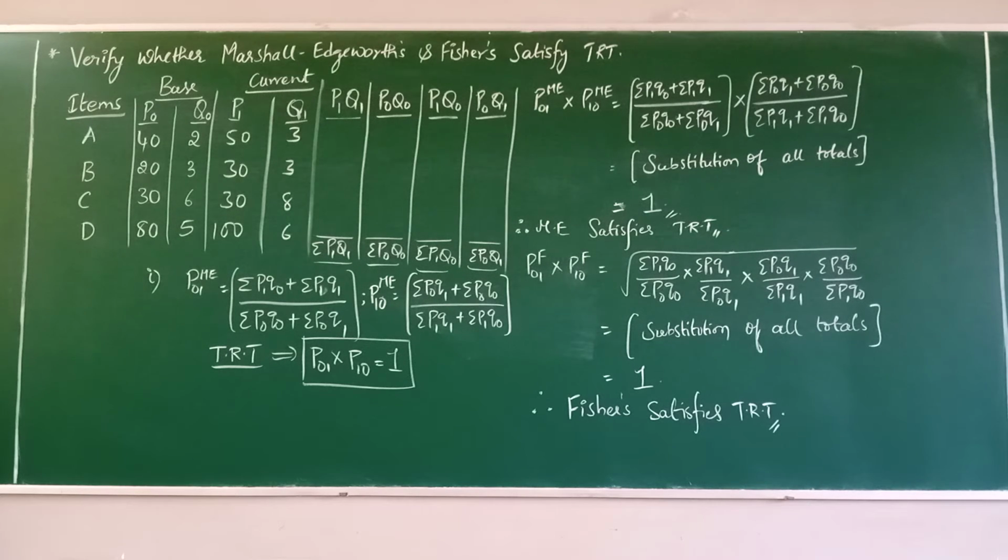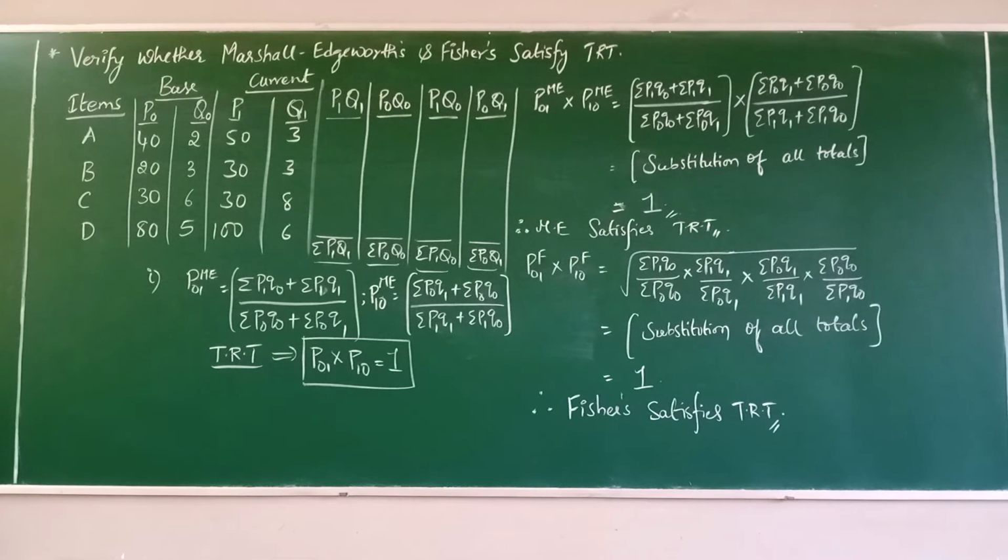Clear? If only Laspeyres is asked, just 2 columns are needed, that is P1 Q0 and P0 Q0. If Paasche is asked, P1 Q1 and P0 Q1. But if Marshall, Fisher's, Drobisch-Bowley or anything is asked together, you need to calculate all 4 totals.